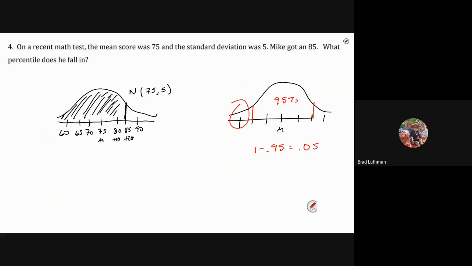Divide that by 2 because there are 2 areas unaccounted for, and we get 2.5%. So this area right here is 2.5%, which means the shaded area is 1 minus 2.5%, which puts Mike at 97.5. So we go to whole percentiles, and we want percent below. So Mike is in the 97th percentile.